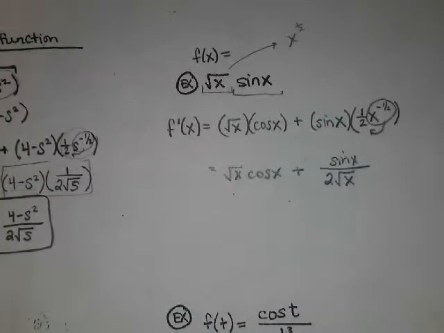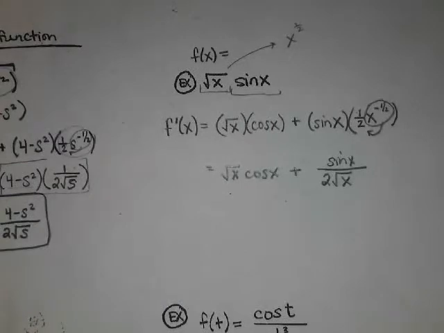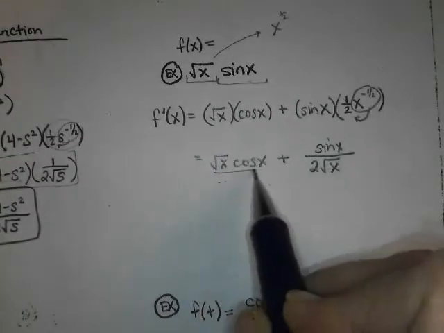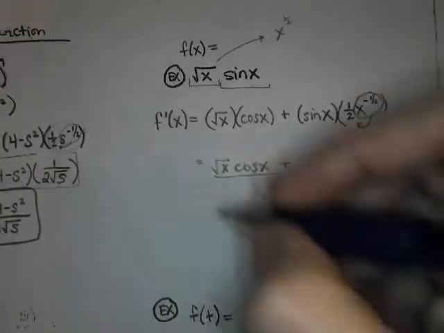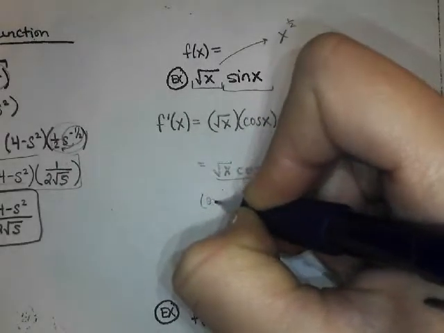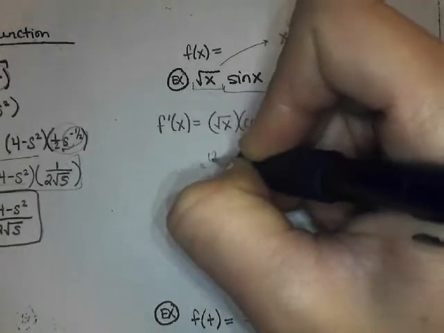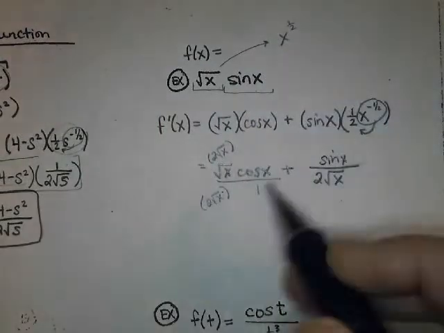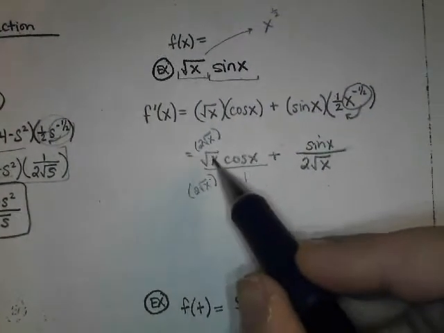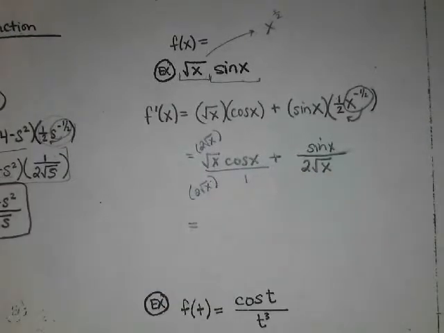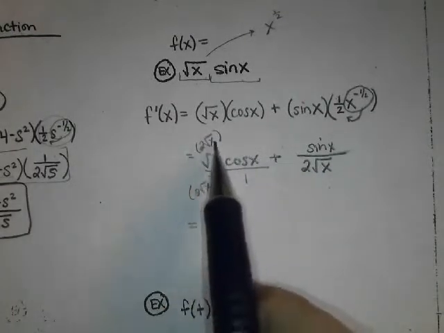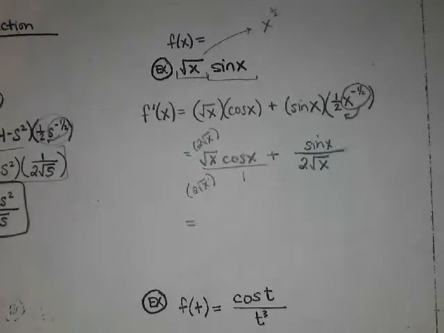I suppose if it is a multiple choice, what you might see is some consolidation and adding these together. So if I put the first term over 1 and get a common denominator, I'm just going to show you that in case we have to do it. So on the first term, getting a common denominator, what does that do to our numerator? What's 2 root x times root x? 2x.